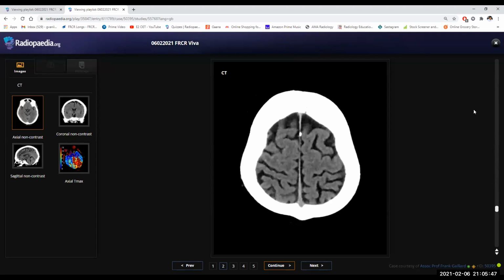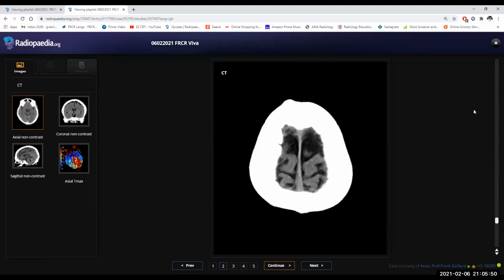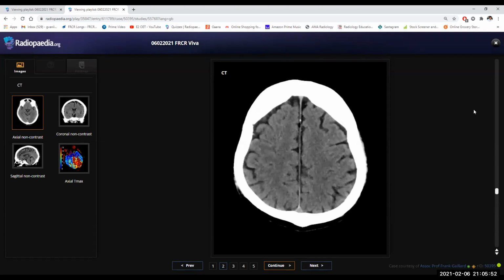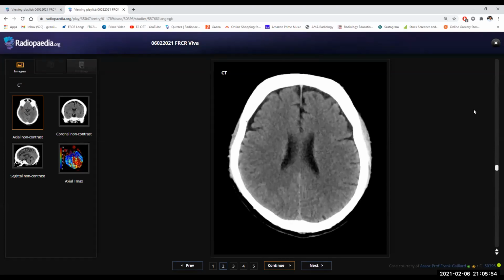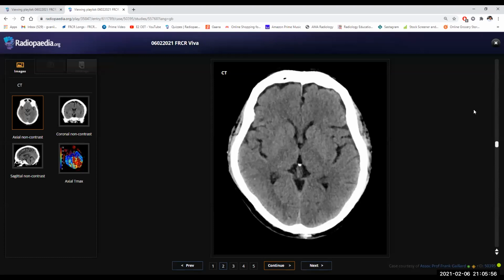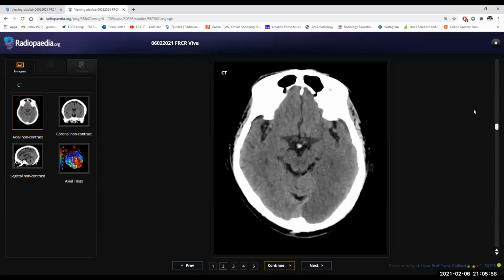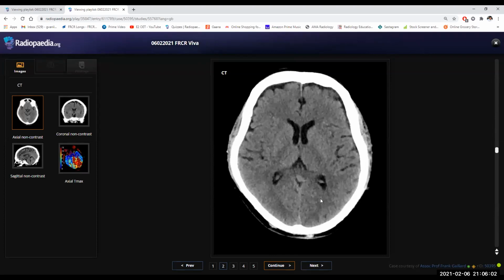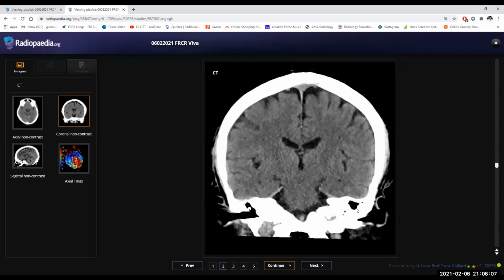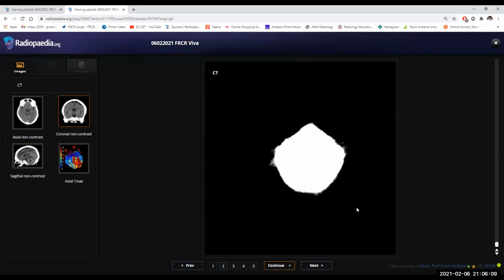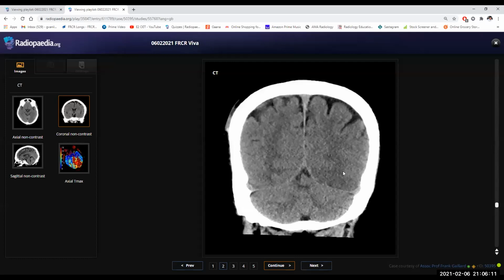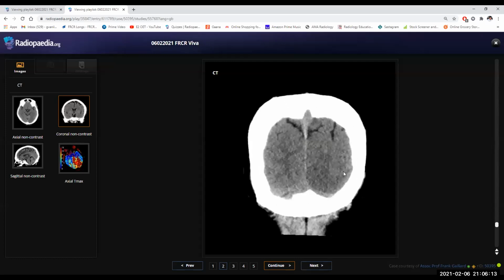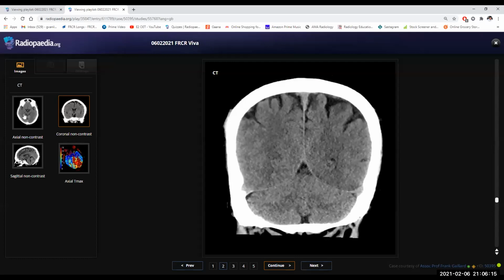I'm going superiorly, coming back to see if I am missing any other area of hypodensity in the cerebral hemispheres, but this is the area of hypodensity I can see. If I can take the coronal to further evaluate: yes, this seems to be an area of hypodensity involving the left parieto-occipital region.